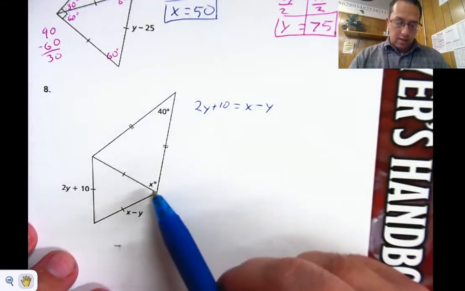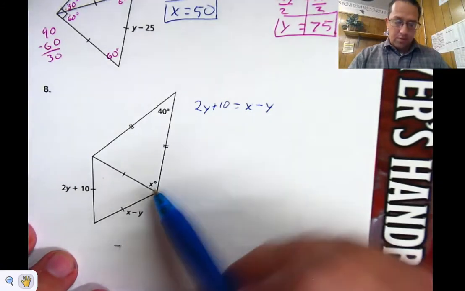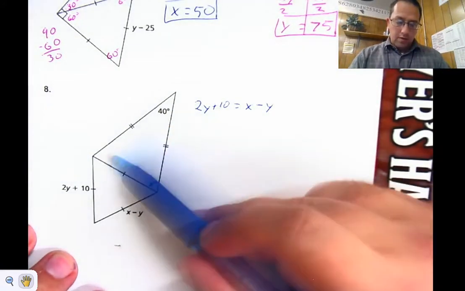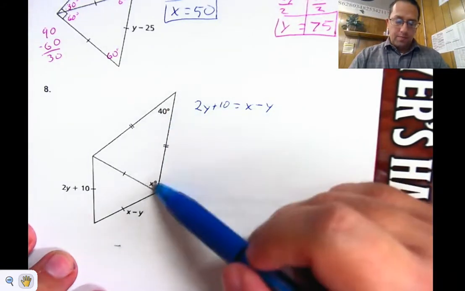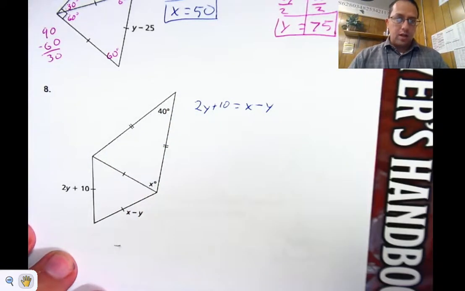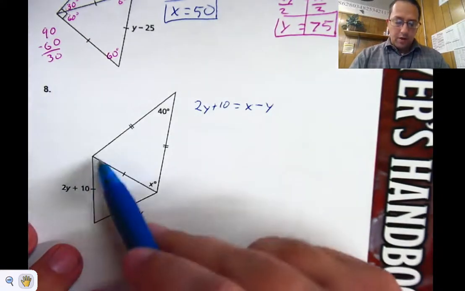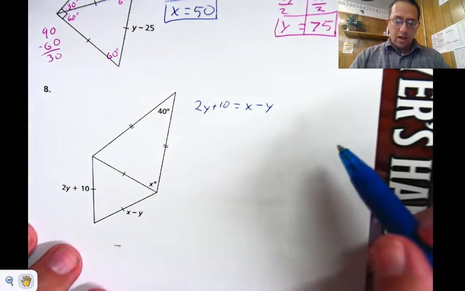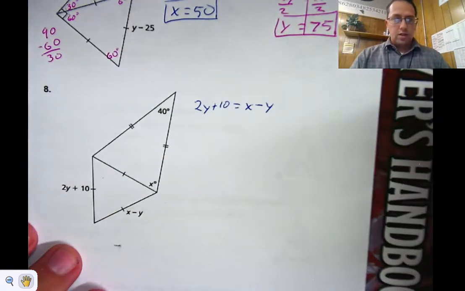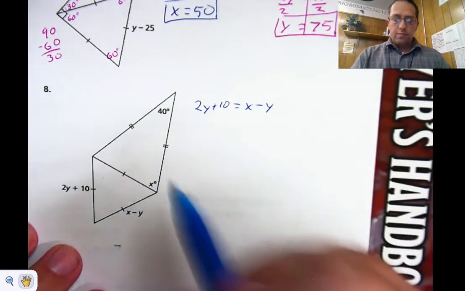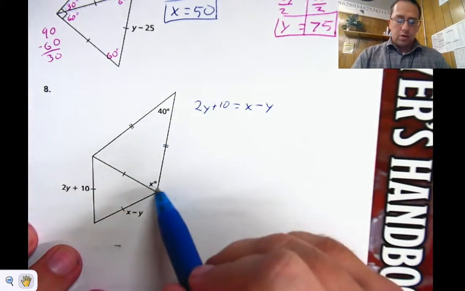Okay, so x is here. Angles. Well, I do have one of the other angles in this triangle. So that's 40. So 40 plus x plus something is going to equal 180 if I know what that something right there is. And if you look, I have congruent sides. This is an isosceles triangle, which means base angles are going to be congruent.